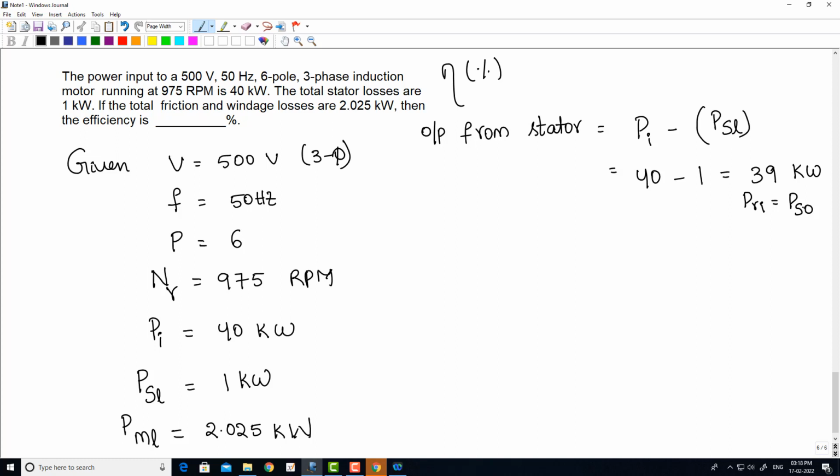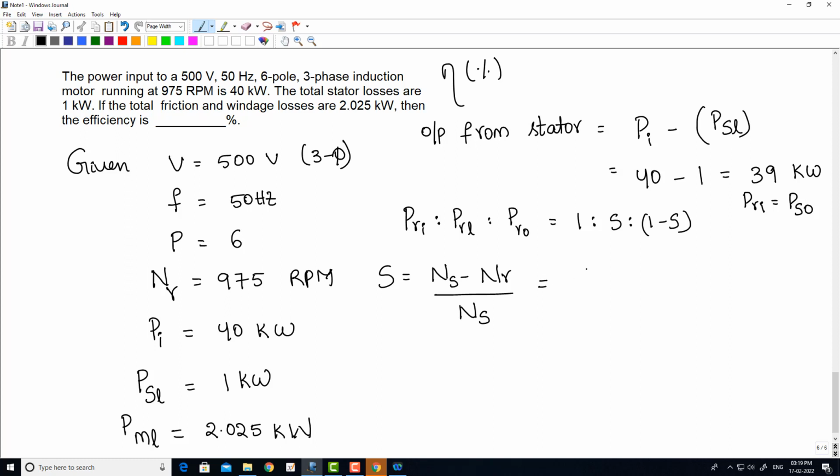So we know there is a relation between the rotor input, rotor losses and rotor power output equal to 1 : S : 1 minus S, where S is the slip. So slip is equal to Ns minus Nr divided by Ns. So Ns is how much? We need to calculate.